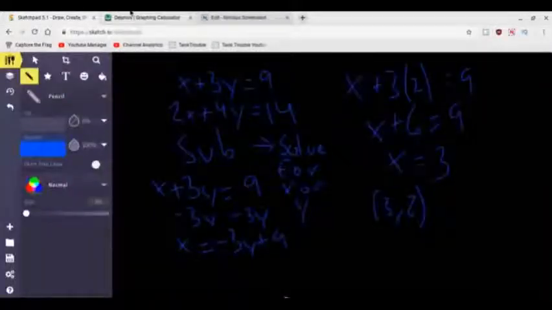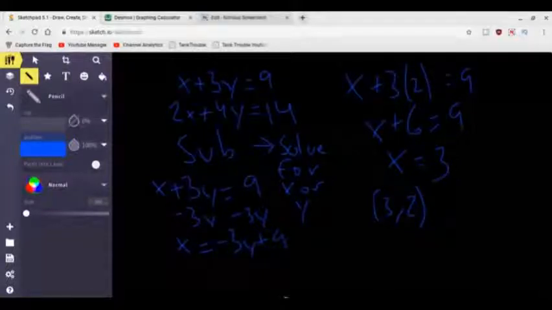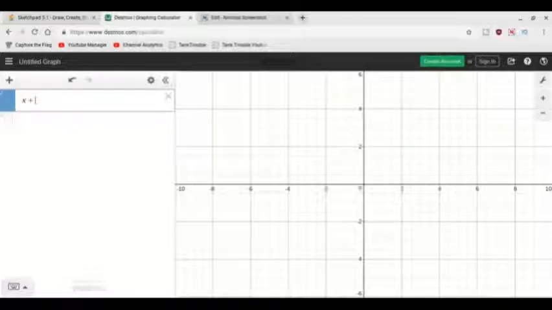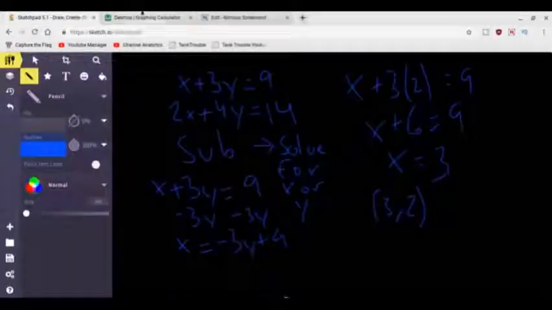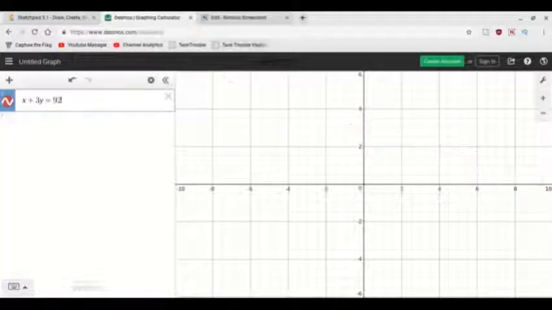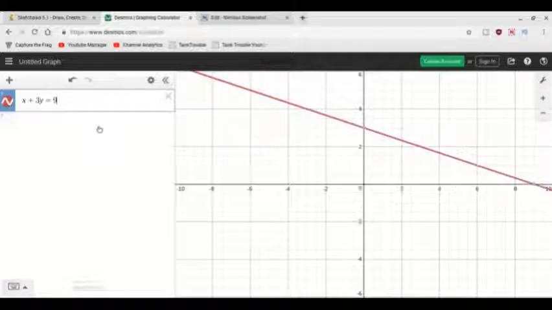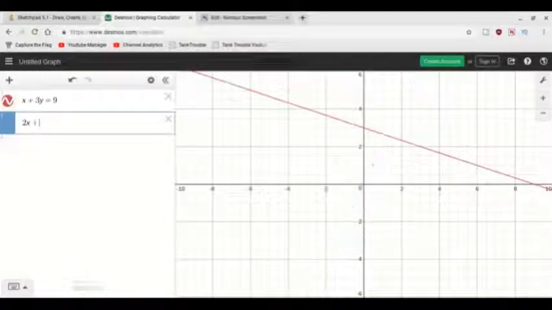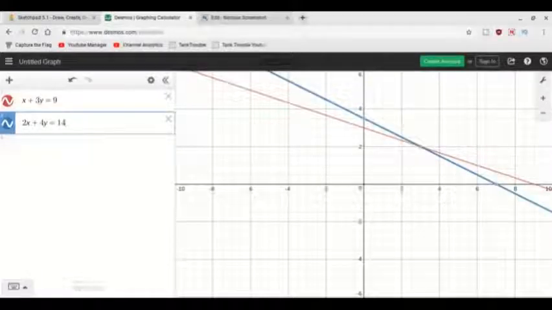So all we gotta do is usually you would just graph it, but we're gonna do it on Desmos right now. So you do x plus 3y equals 9, and then 2x plus 4y equals 14.